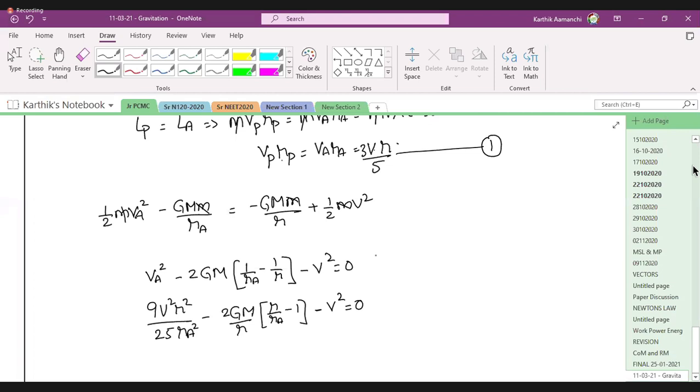If that would have been just R, then I could have easily solved it. I put into R divided by R, this becomes GR into RA by.